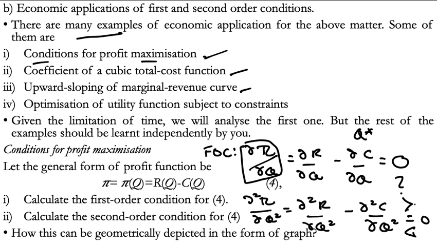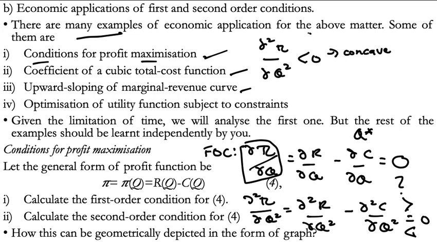Now, if the second order condition here is less than 0, then it means the second derivative is negative, isn't it? That means the curve is concave.